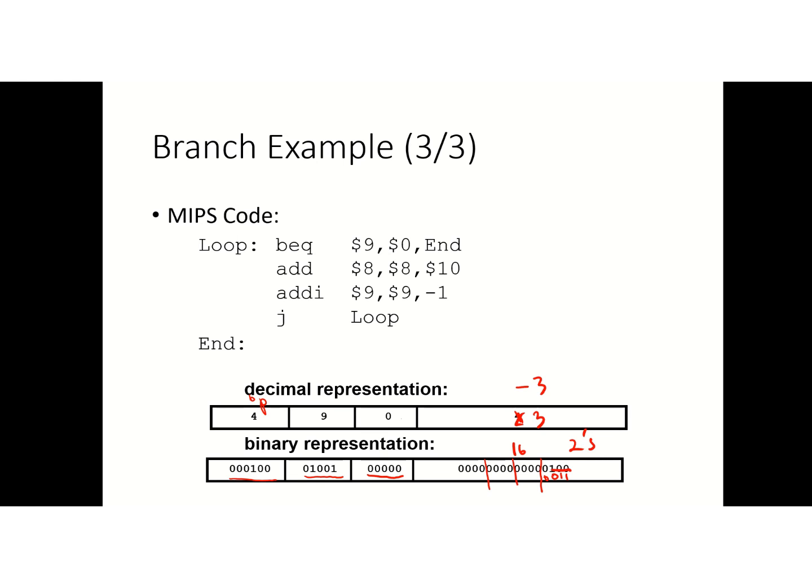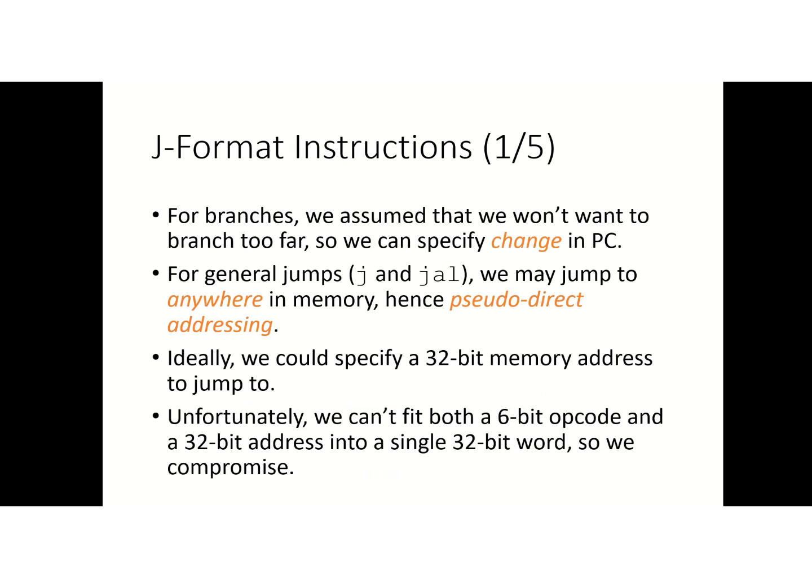You can use the calculator to get the 2's complement for this number. Now, after the branch, we can assume that we are branching not too far, a few lines. So we can just specify the change in the program counter.